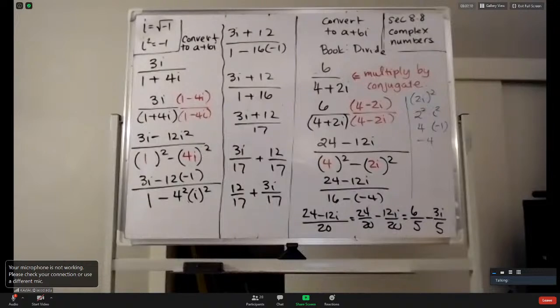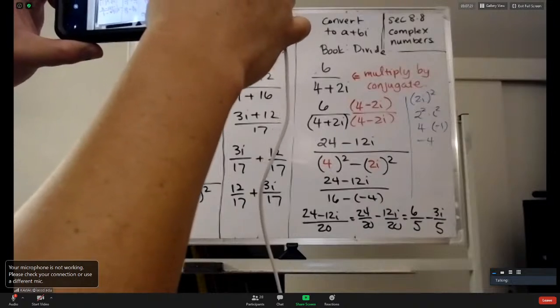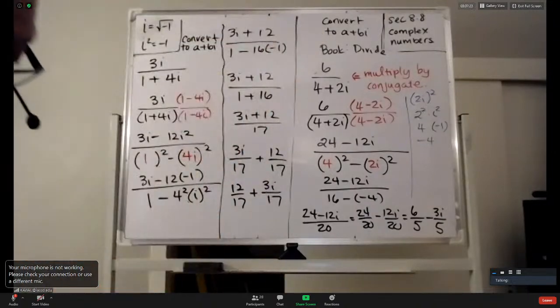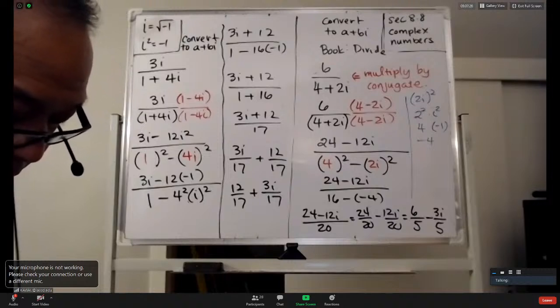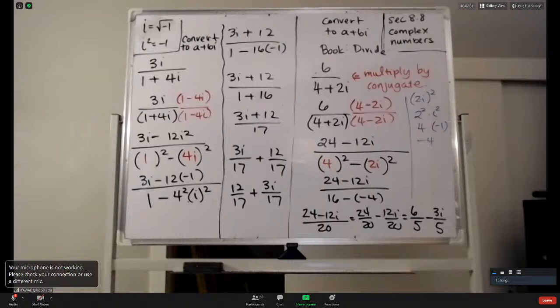Let me delete that and take a better picture. Okay, so there's two more small pieces on this section.